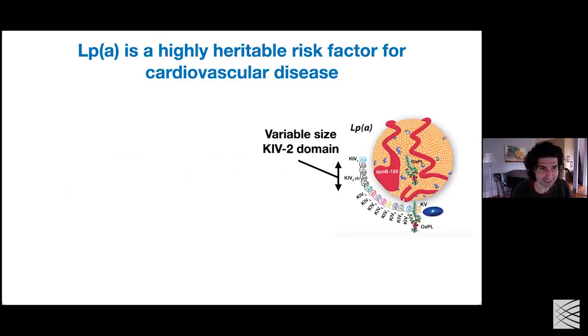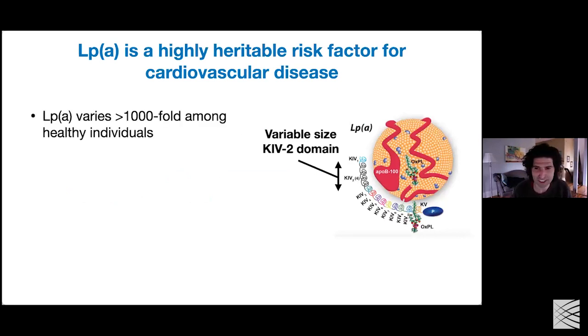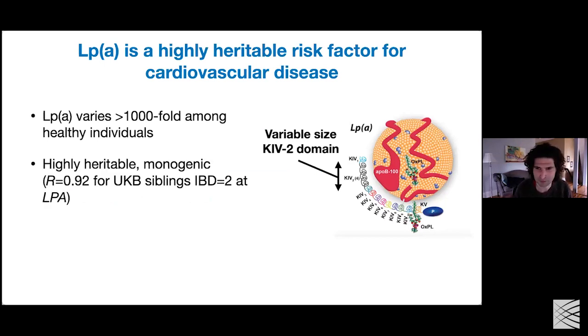Lipoprotein A concentration in the blood is a highly heritable risk factor for cardiovascular disease. It varies more than 1,000-fold among healthy individuals and is extremely heritable and basically monogenic. The sibling correlation is 92% for siblings that are IBD2 at the gene LPA, which, I'll remind you, is the gene that encodes the apo(a) part of the lipoprotein A particle.